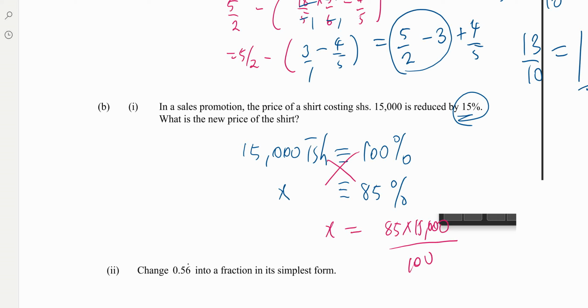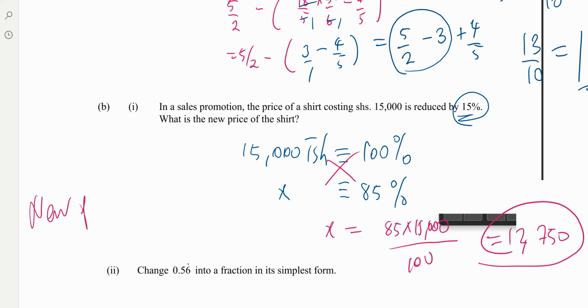So you'll be having actually 12,750 shillings, dear students. So the new price is 12,750 shillings.